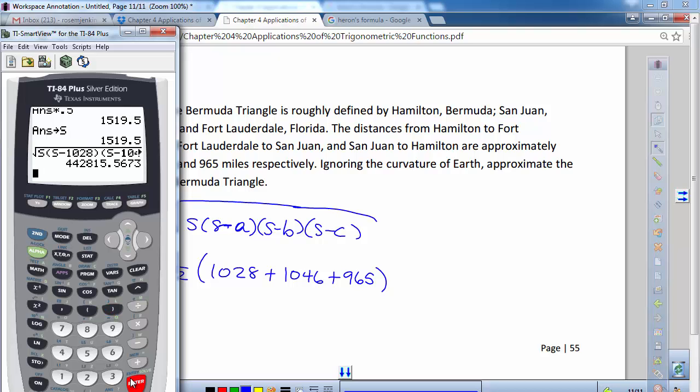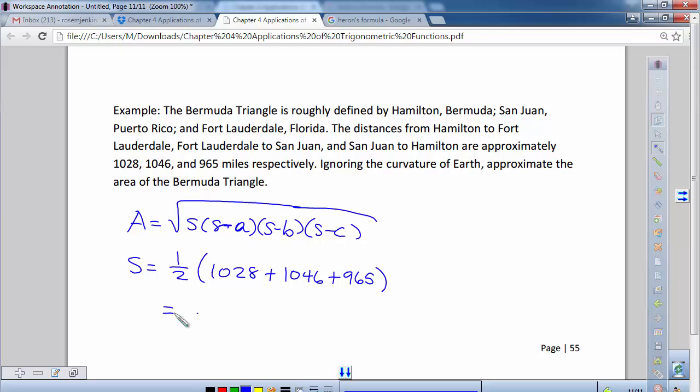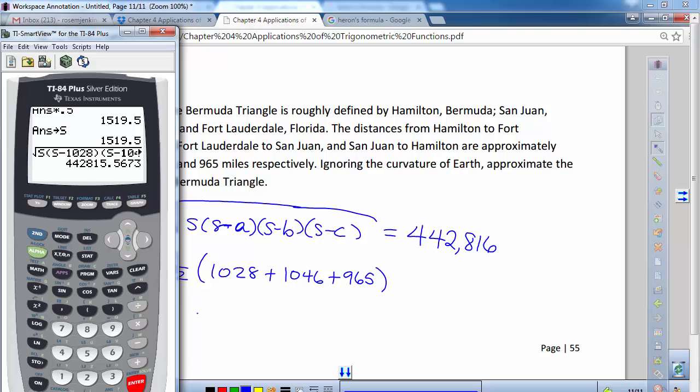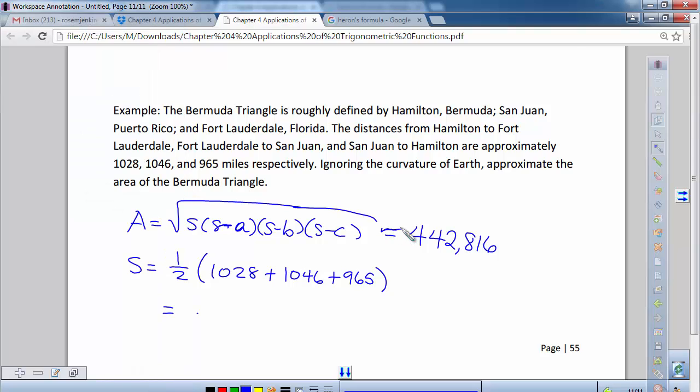Okay, and when we plug into the area formula, I get 442,815 square miles. We'll just round it, approximately this many miles squared.